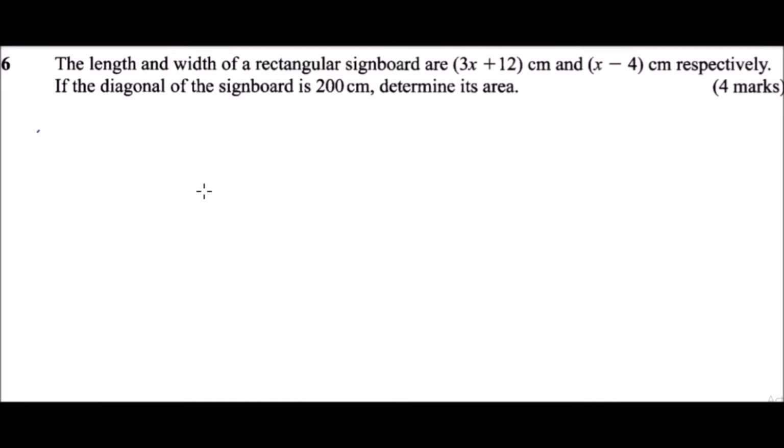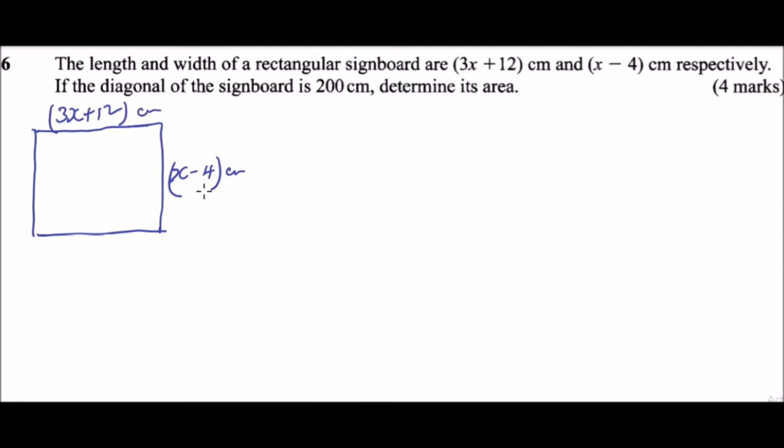So we can say this is a signboard, and we are told the length is 3x + 12, and the width is x - 4, and this is in centimeters. The diagonal is 200 centimeters.